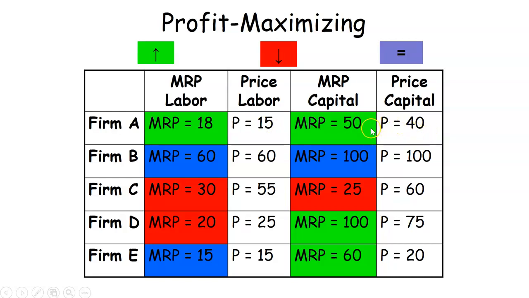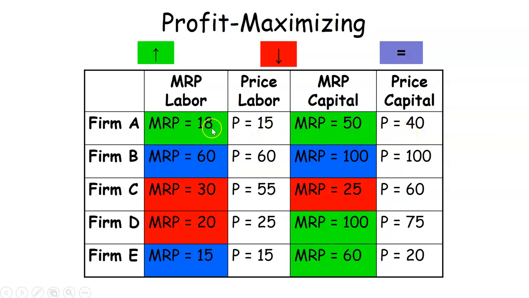Now in this particular case, the 18 over 15 is not equal to the 50 over 40. So we're going to have to hire more labor and hire more capital in order to get them equal to 1.